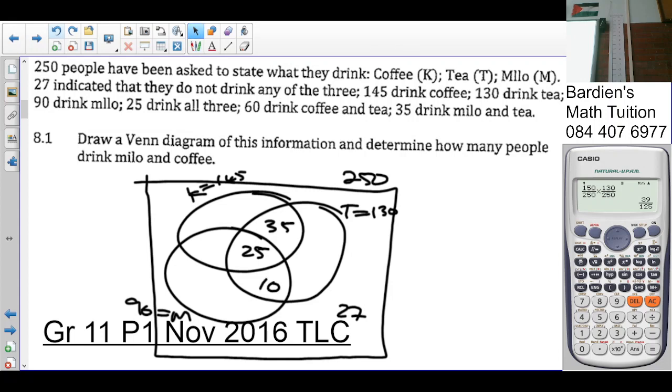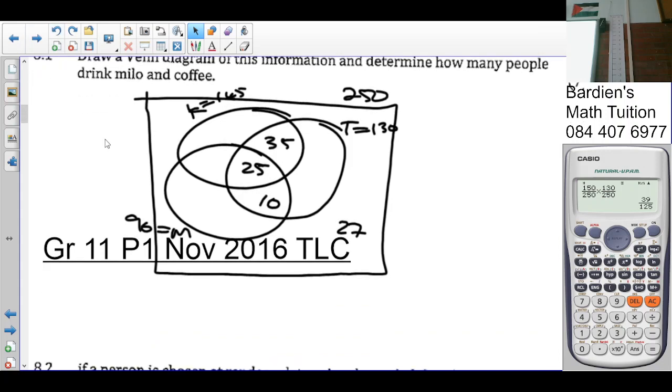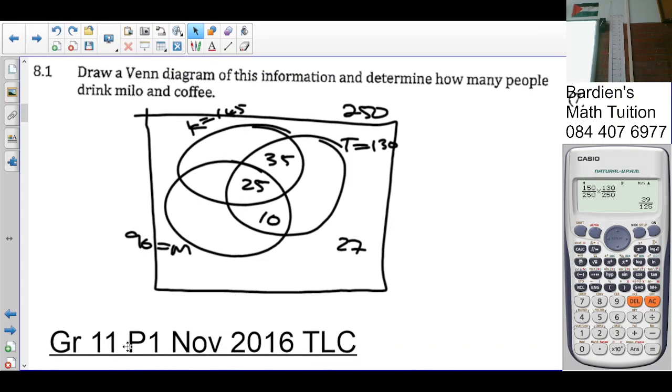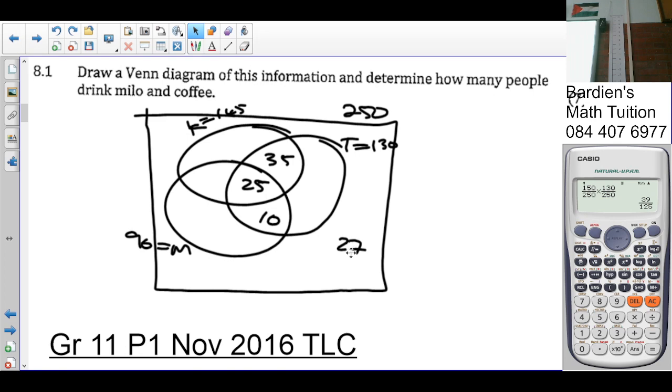So let's see what we have here. Then we are told to draw a Venn diagram of this information and determine how many people drink Milo and coffee. Okay, so it's this part here.